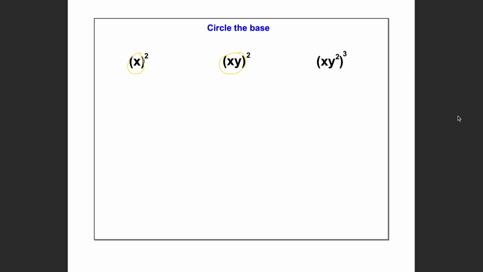We've got this full thing, all being raised to the third, but we also have this y being raised to the second power. So we have y is the base for y squared, and then the entire thing, xy squared, is the base for xy squared all cubed. So in this one, we have two bases.